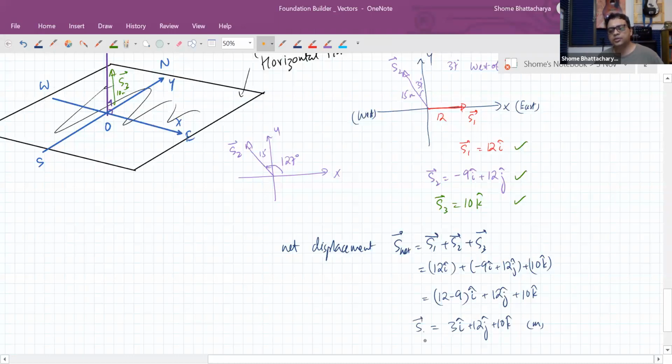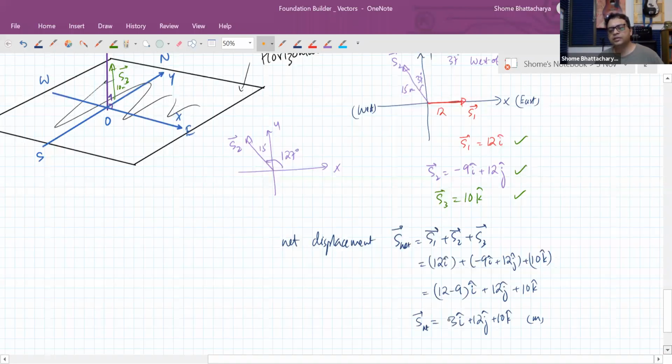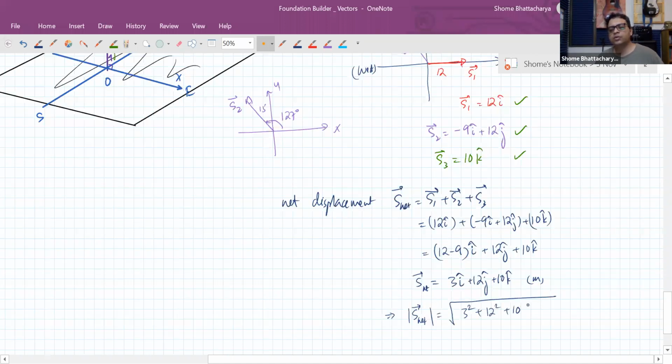Now we have to find its magnitude. So just use the formula of magnitude. The magnitude of a three-dimensional vector is the square root of x component square plus y component square plus z component square. So in this case, it's 9 plus 144 plus 100. So that becomes square root of 253 meters. Okay. So we can leave the answer this way only, or we can simplify it a little and approximate it.